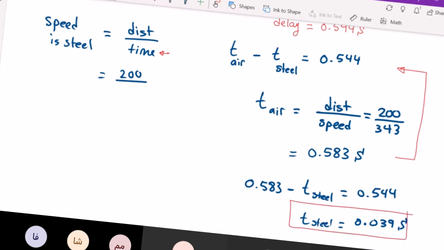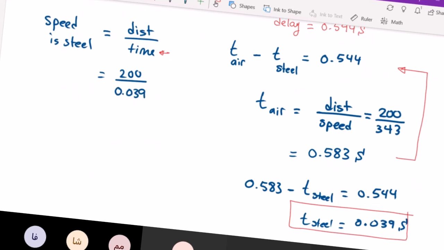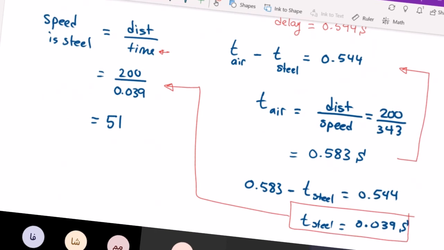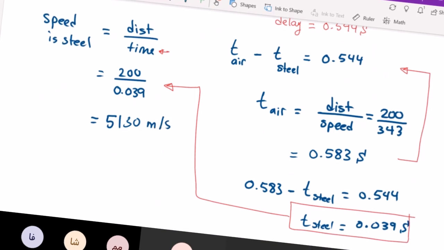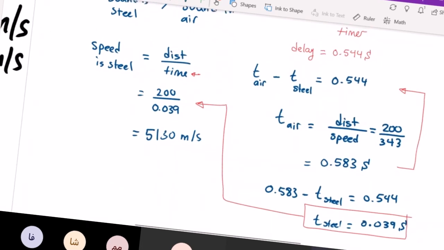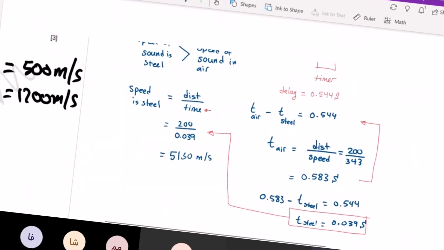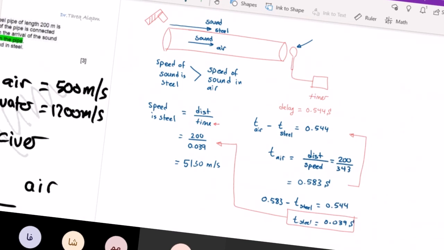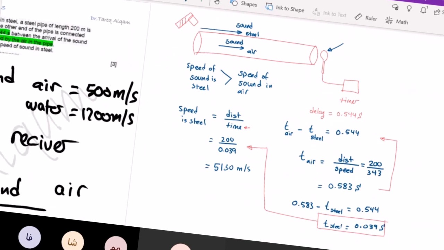Now I got the time in steel, so substitute this here. I will get around 5,230. Okay, guys, it's a little bit tricky question, so we have to consider it. If you have any question, please ask me. Okay, great.